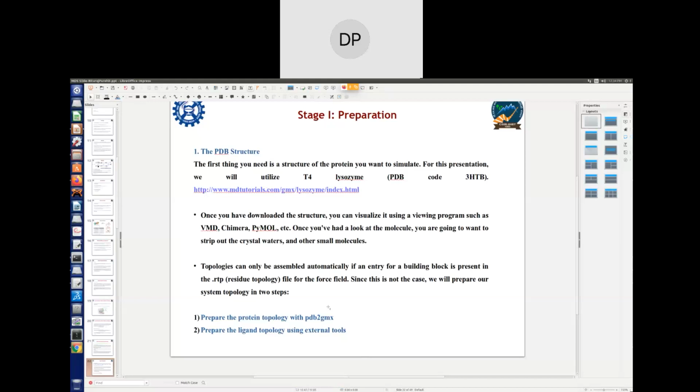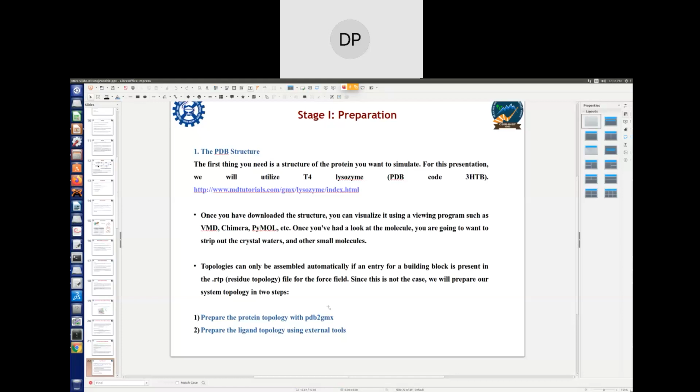In general, GROMACS has the topology, or force field information, of all the amino acids present in the protein, as well as all kinds of atoms present in the ligand, like carbon.